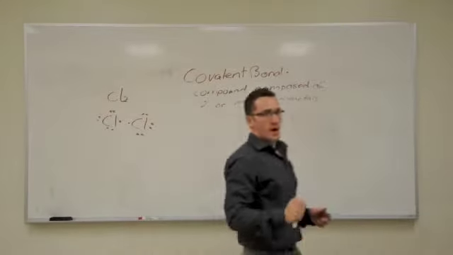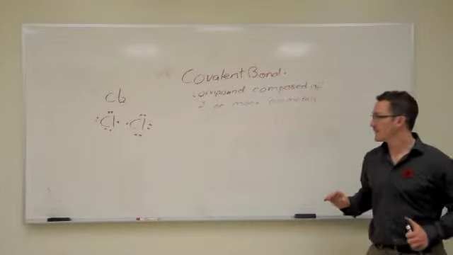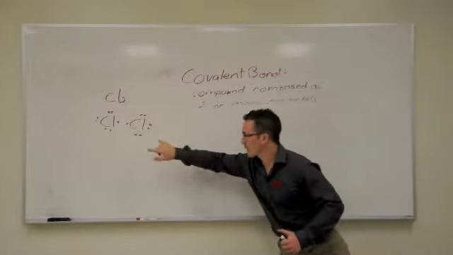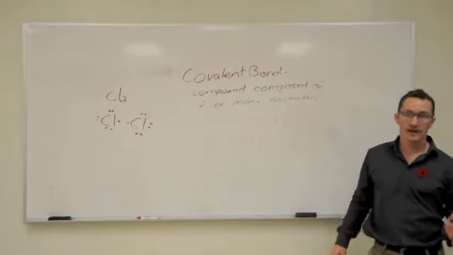Now notice, because we're not going to have the complete transfer of an electron, what we're going to have instead is these 2 chlorine particles will share one of their electrons with each other in order to complete their octet.